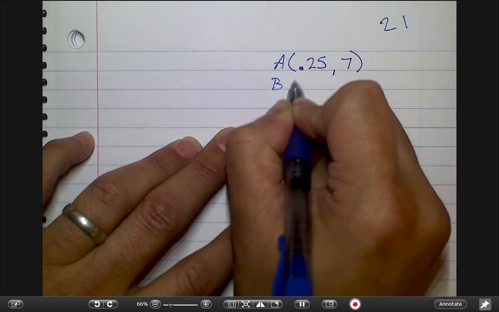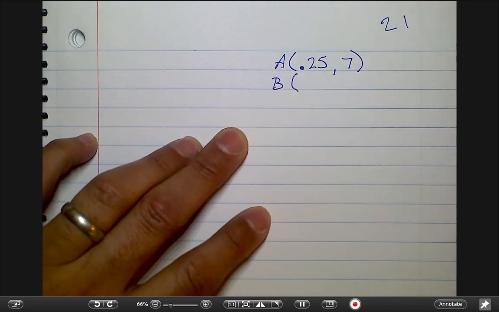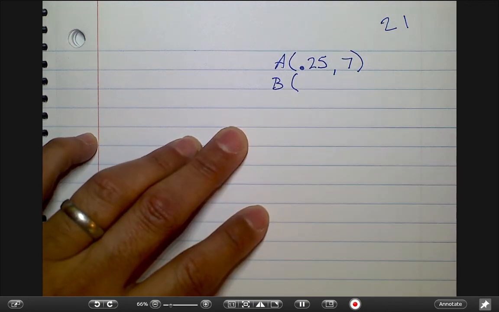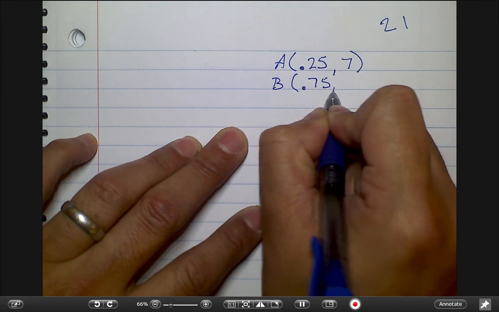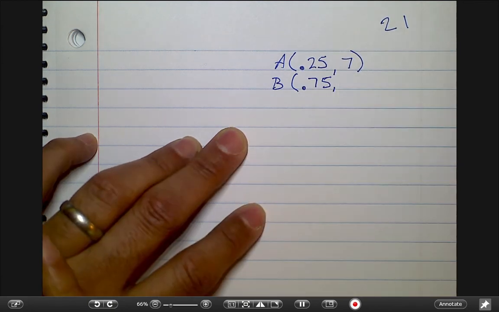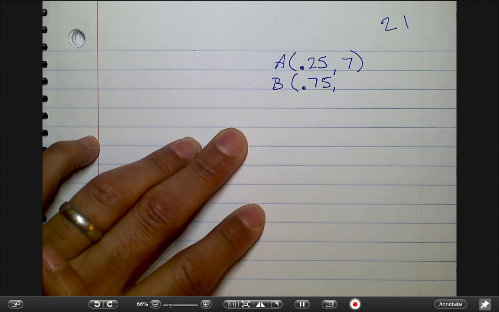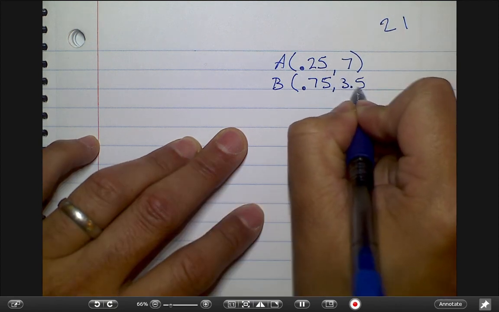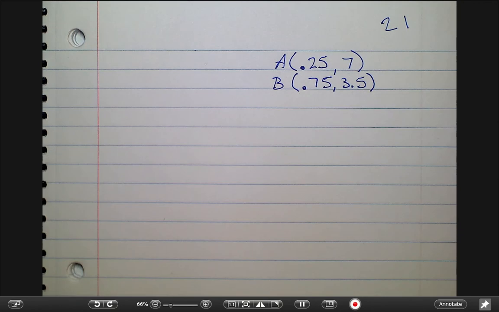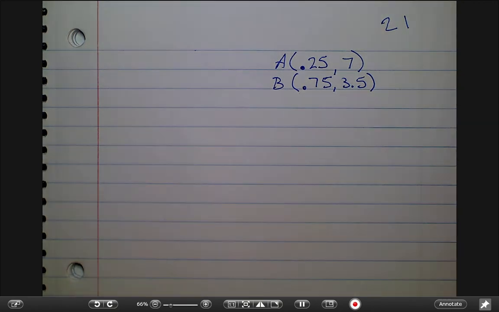So point B, what was my time for point B? Yeah, very good, 0.75. And what is going to be the milligrams at 0.75? There we go. So that is a good place to start.